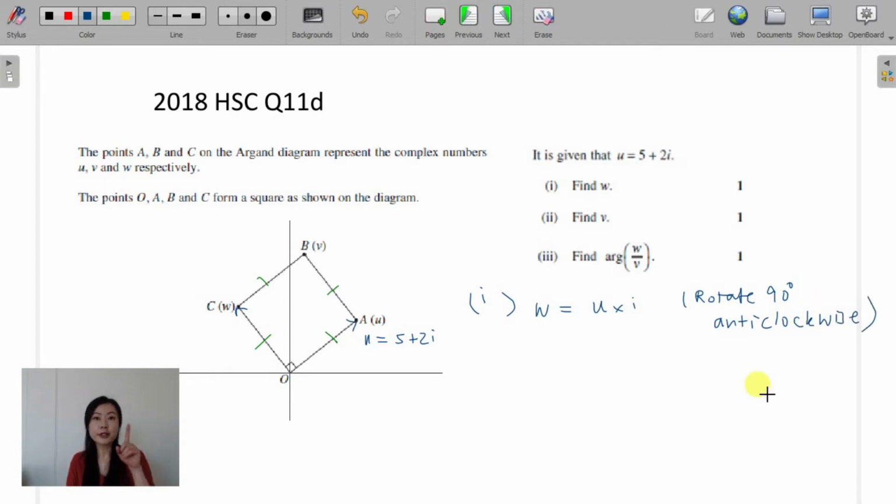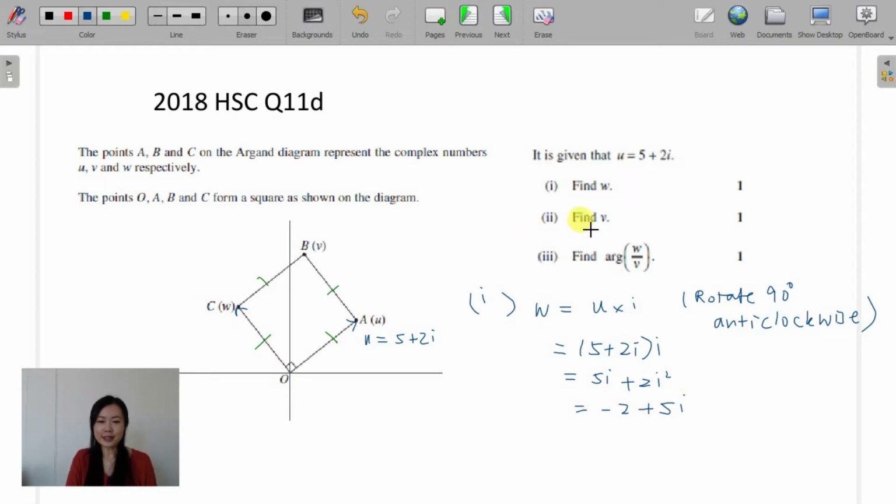Here's a tip for you, if you didn't know this already: if you want to rotate clockwise instead, multiply by minus i. Solving that in, that's 5i plus 2i squared. i squared is minus 1. That's it. Simple, right? Vectors are not that scary after all.